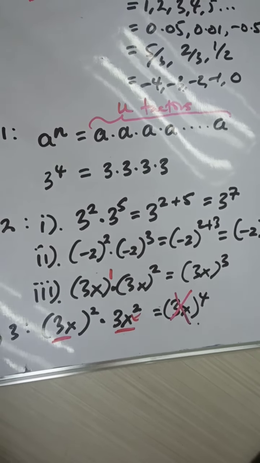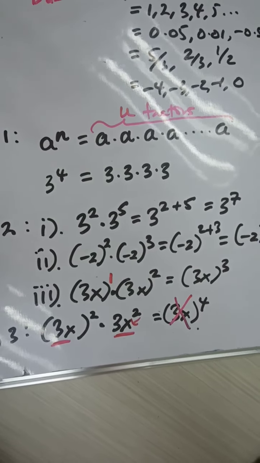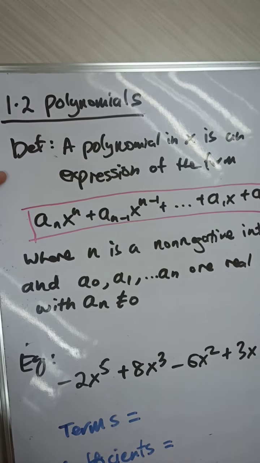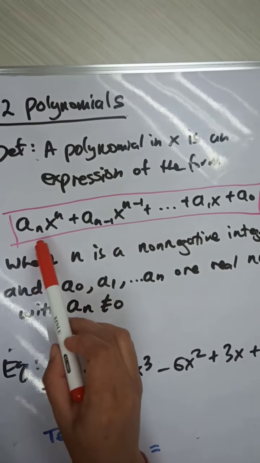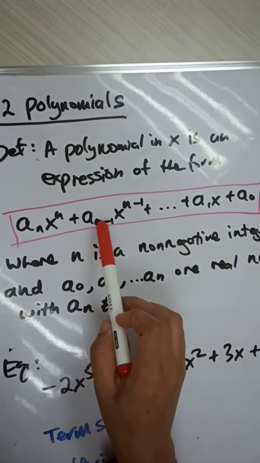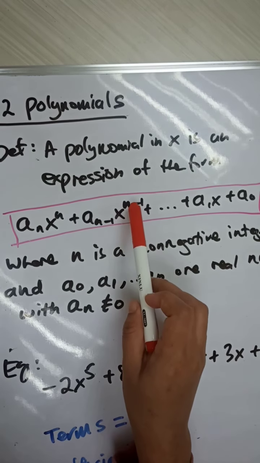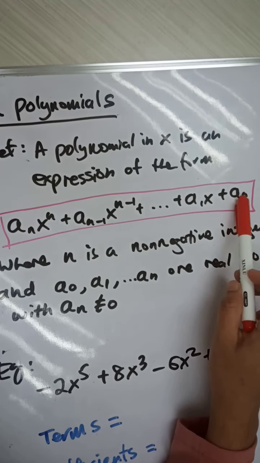Now we proceed into topic 1.2, polynomials. What are polynomials? By definition, a polynomial in x is an expression of the form, it must be in the form like this: x power of n, then x power of n minus 1, and so on until we have a0.